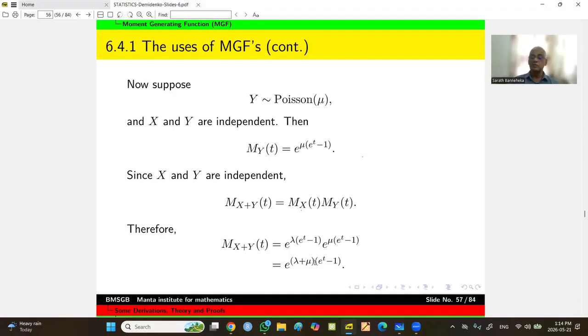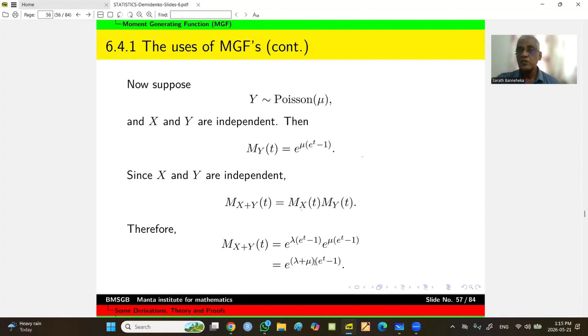Say, for example, 1 hour: the rate is lambda in the first hour, and mu in the second hour. So X gives you the actual number of events that occurred in the first hour with rate lambda. Y is the number of events that occurred in the second hour with rate mu.